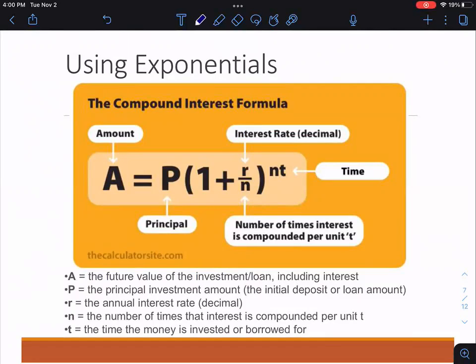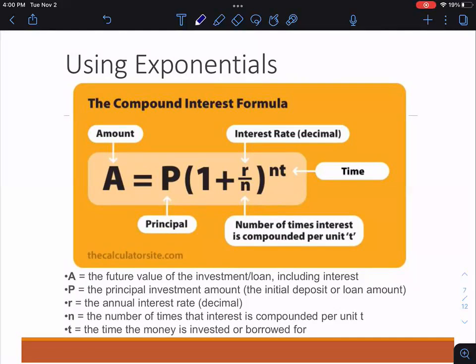N is the number of times that interest is compounded over the unit t. A lot of times in these problems, t is represented as years. So N would be the number of times that you're paid interest per year. If it's daily interest, that would be 365. If it's monthly, it would be 12. If it's quarterly, it would be 4.